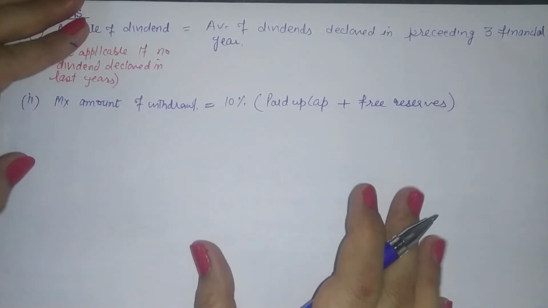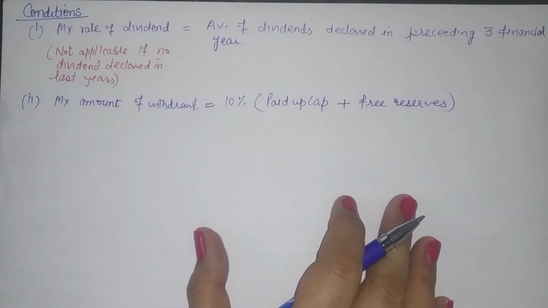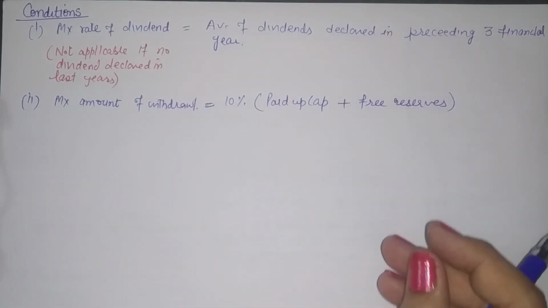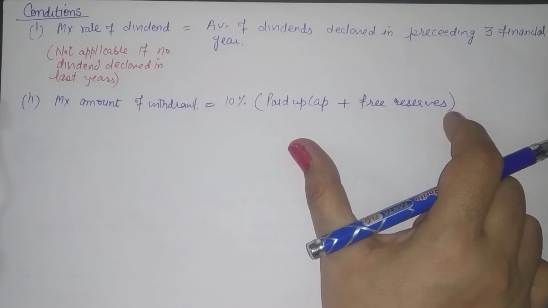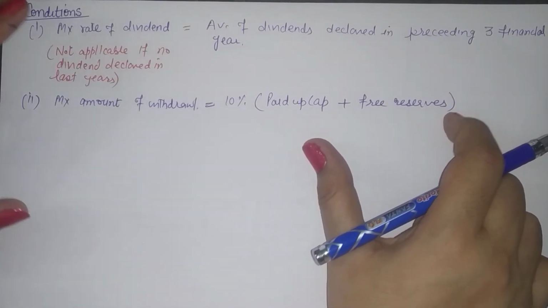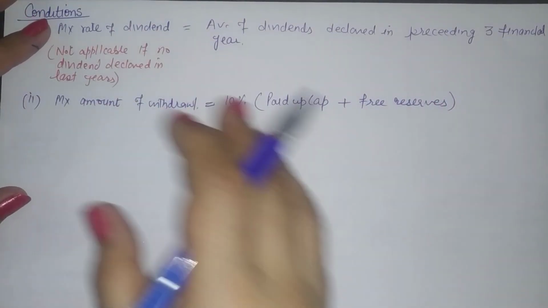So you can withdraw a maximum of 10% of paid up capital plus free reserves as audited. Okay, so these amounts are to be taken from the latest financial statements as audited. So we have to take up audited financial statements, right? This is one limit of the maximum withdrawal.